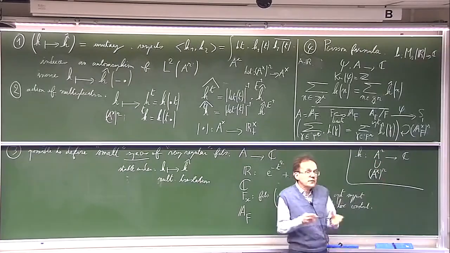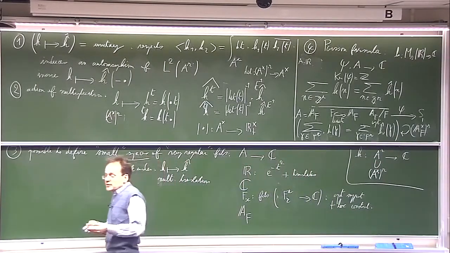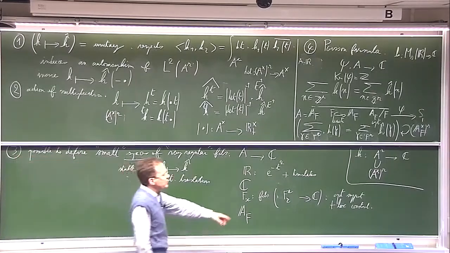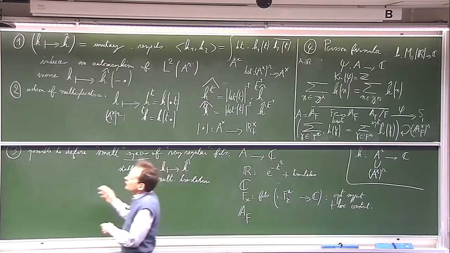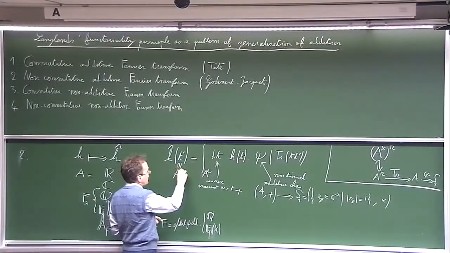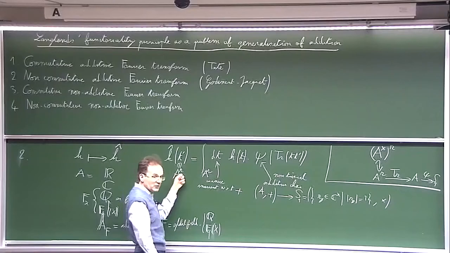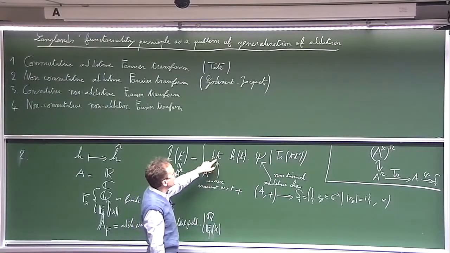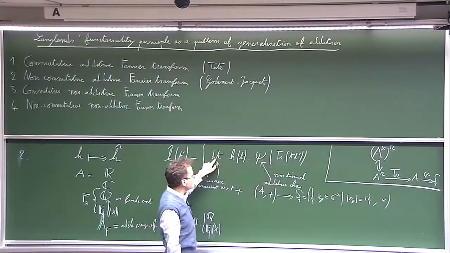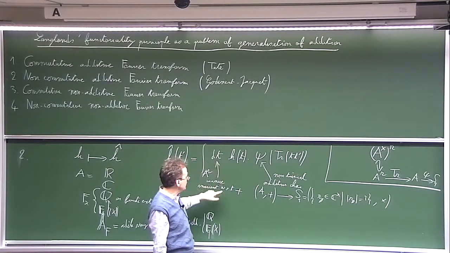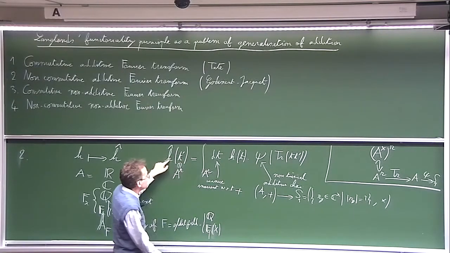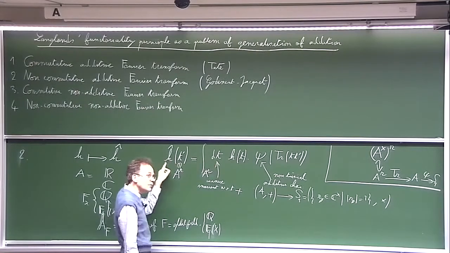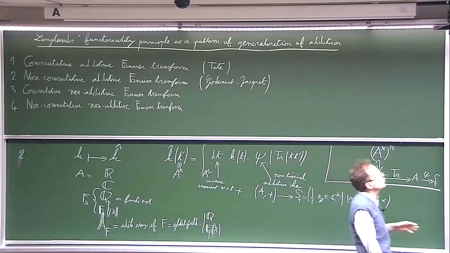So this means that if I am interested in square integrable functions, it is the same to consider them here or there. So for the definition of the Fourier transform, I could just as well consider functions on A cross to the power R. Of course, here there is an implicit use of addition because I am considering a measure which is invariant with respect to addition. But at least in the definition, for the function h and its Fourier transform, I can consider them as functions on the group.